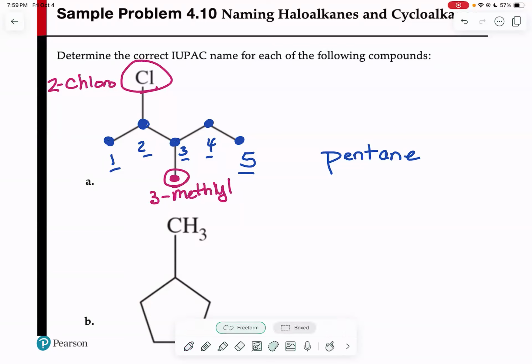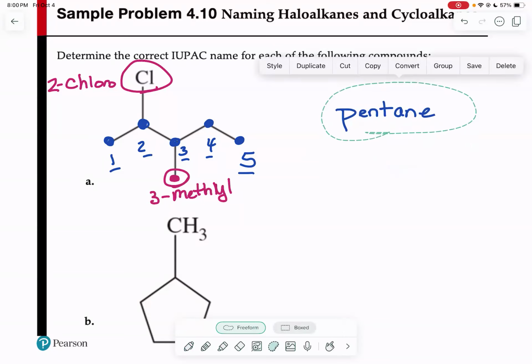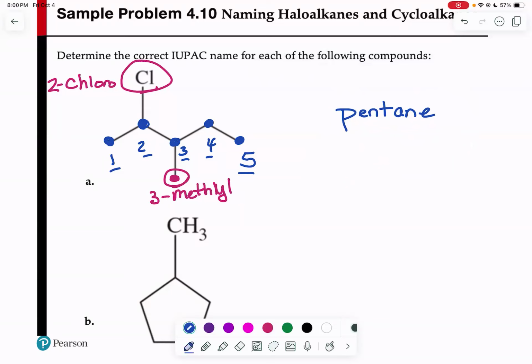Whenever we do this, we put our halogens first and go alphabetical. So that's 2, dash, because we always have a dash between a number and a letter, 2-chloro, then another dash because I have a number coming up, 3-methyl. There's no space between the methyl and the pent. There's no space there, okay?